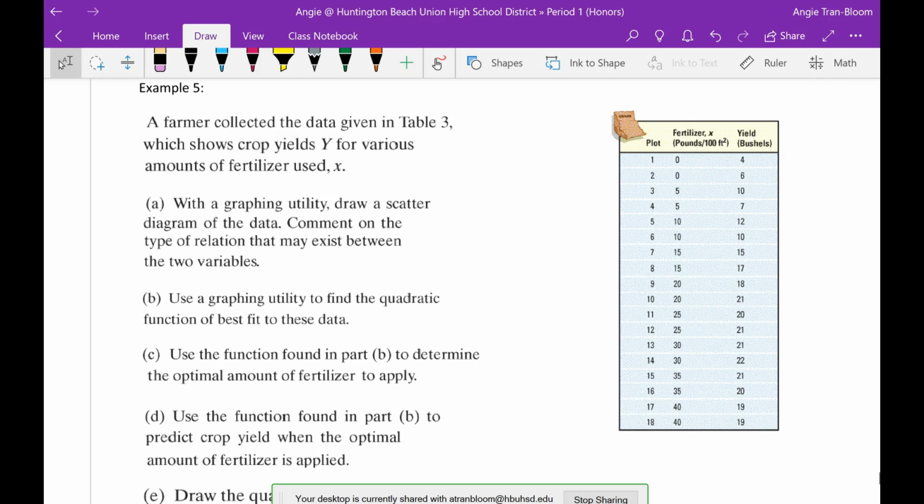Once you enter that in, it says, comment on the type of relation that may exist between the two variables. What I'm looking for is, are the two variables linear? Are the two variables parabolic? Are the two variables cubic?